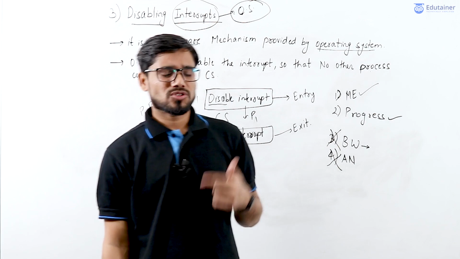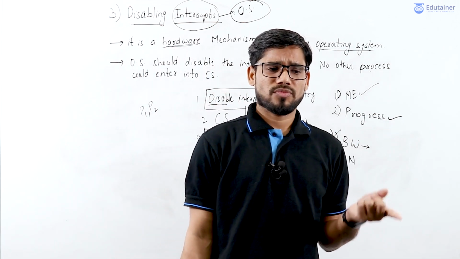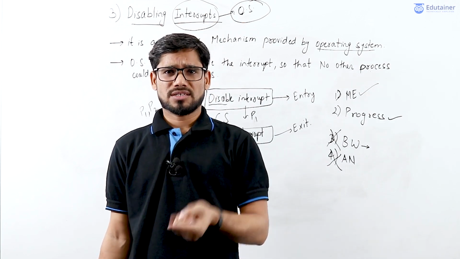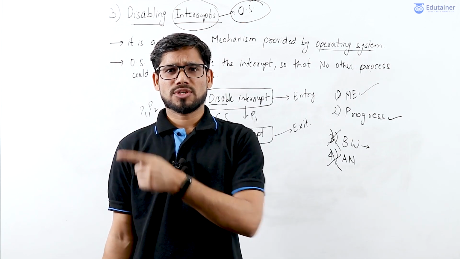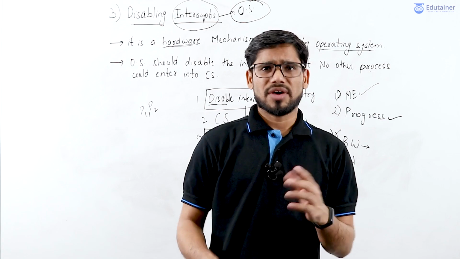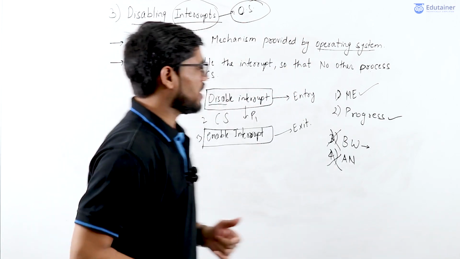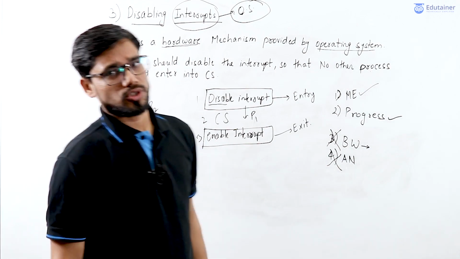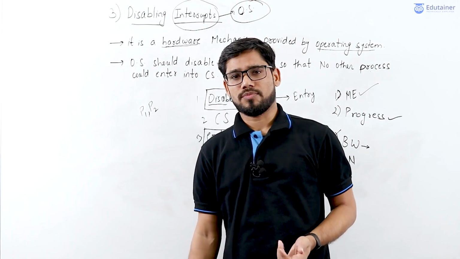Because of a system call, first we have to go from user mode to system mode, then make the system call, and again go from system mode back to user mode. So it is a very hectic process. That's why this is not a good approach to solve this synchronization problem.